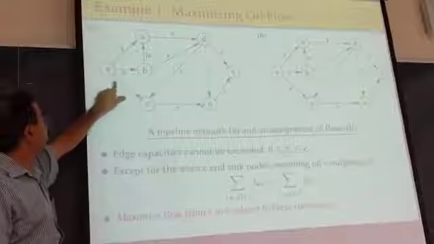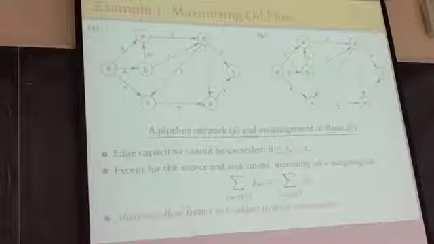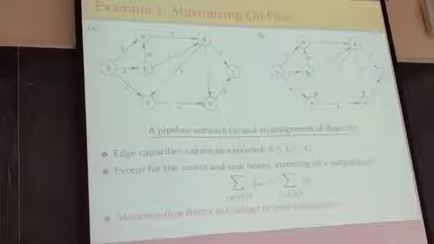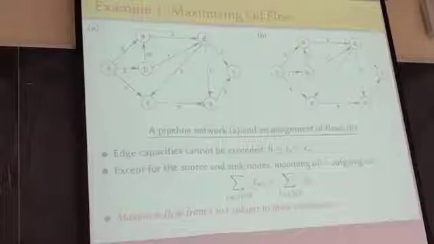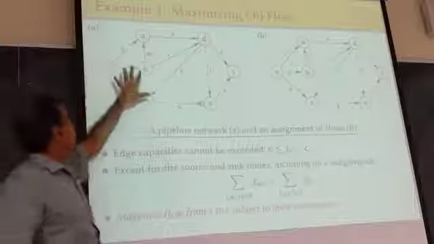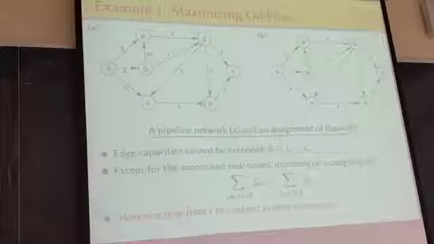So you can send up to 4 units on this edge, up to 3 units on this edge, and up to 3 units on that edge. You need to figure out what is the maximum that you can send through, and also how to do that. What assignment should be made to each edge so that you maximize the flow from S to T? That is the problem that you want to solve.